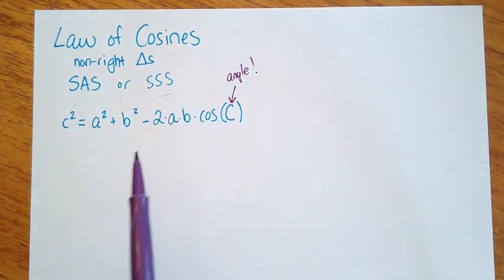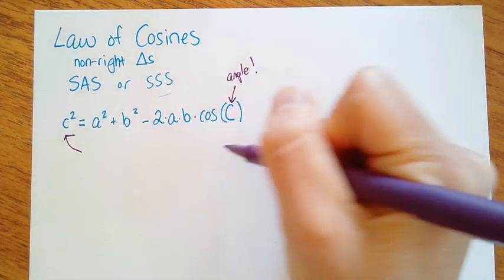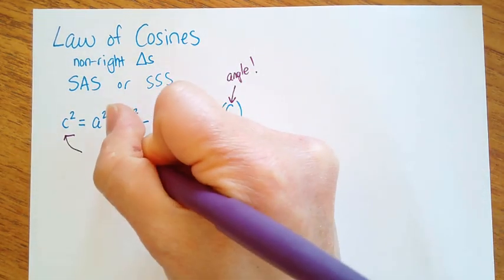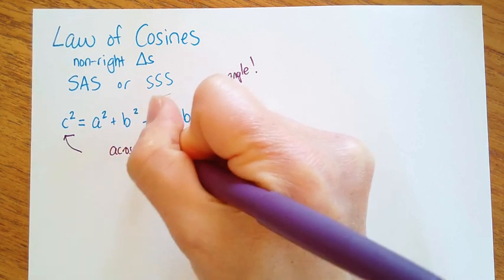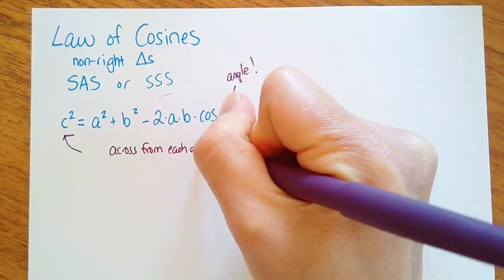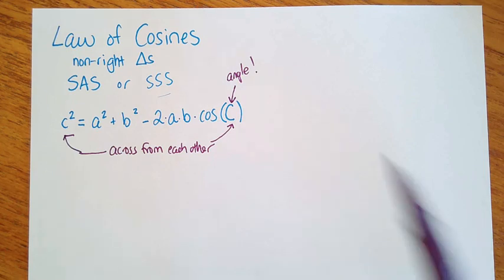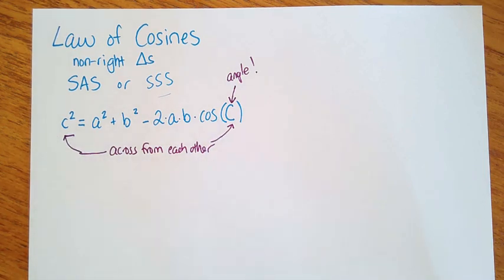And what's critical about the law of cosines is that side C and angle C are across from each other. A and B, it doesn't matter what the other two sides are, okay? But side C and angle C must be across from each other.